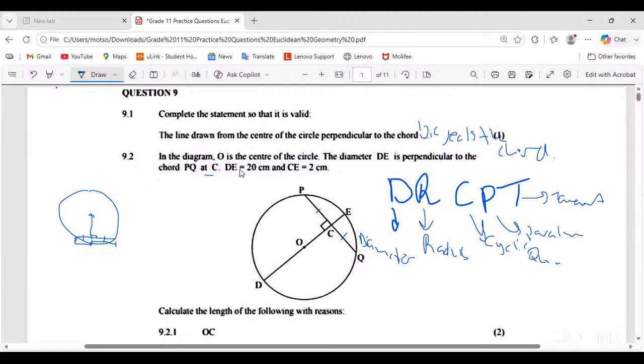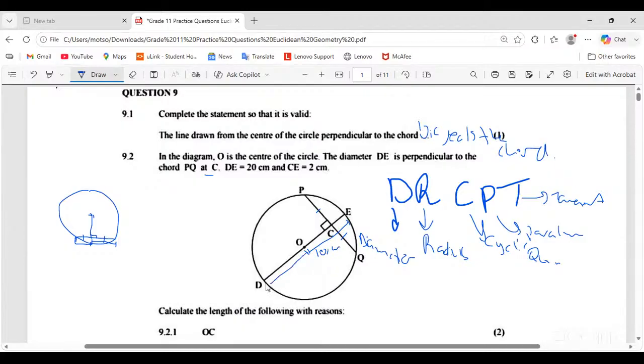Okay. DE is 20 centimeters, meaning the diameter is 20 centimeters. If the diameter is 20 centimeters, what is our radius? Our radius is half of the diameter. Therefore, OE will be 10 centimeters.